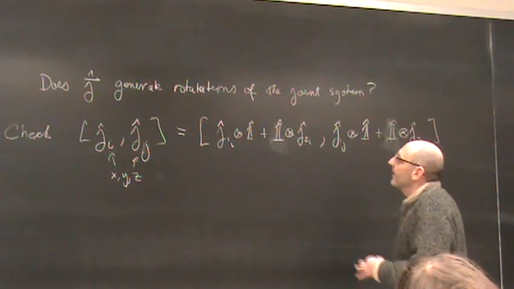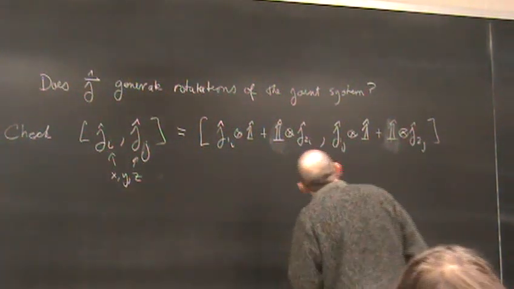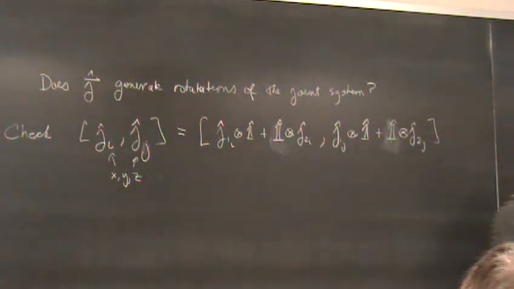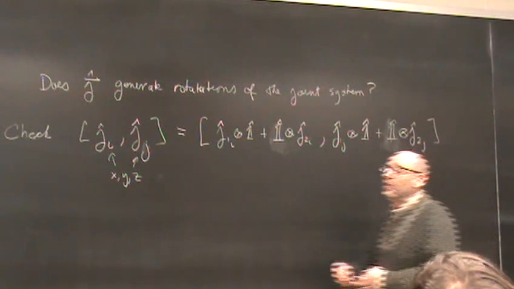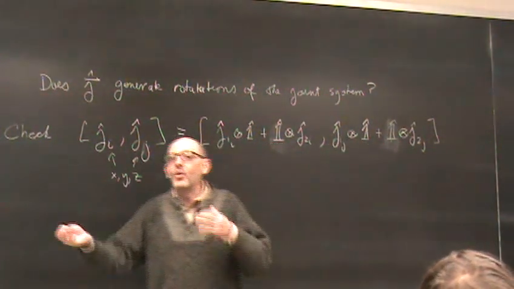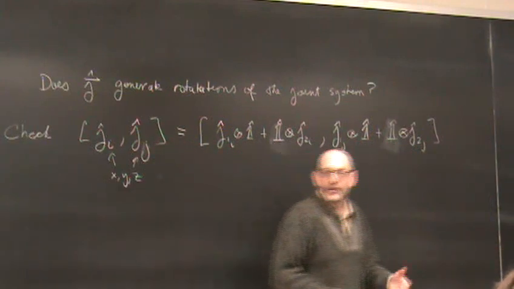The point is that we know that operators that act solely on subsystem 1 commute with any operator that acts solely on subsystem 2. Spin 1 operators commute with spin 2 operators.